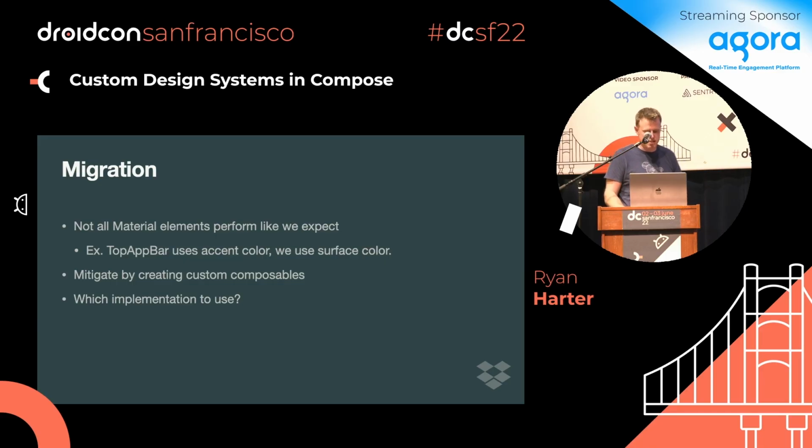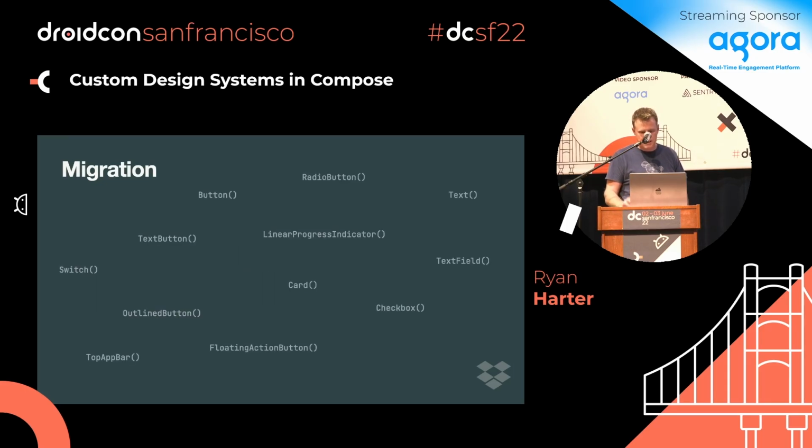So the idea with doing this in this type of fashion, where we're customizing things as we go, is we have all of these composables that Material provides for us. And since we've been able to get reasonable defaults by wrapping the Material theme, our product engineers are able to start using Compose. We're already shipping Compose features to production.